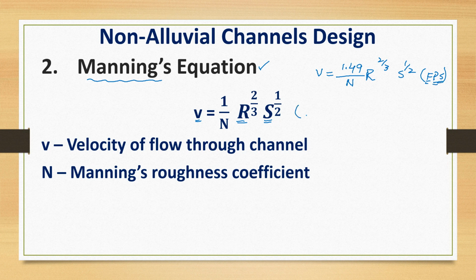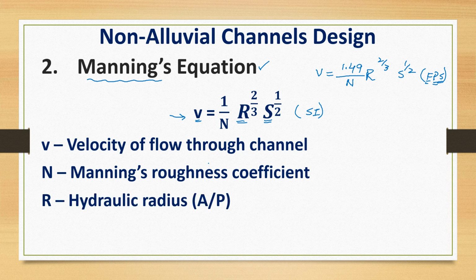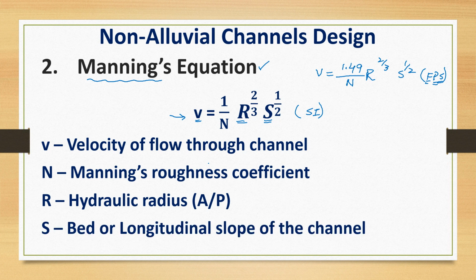But if you are going in SI units, then the formula for Manning's equation will be this one. n is the Manning's roughness coefficient. This can be determined from a table, or it may be given in your question like C or K. And R is the hydraulic radius, same as in the previous case. Same S is the bed or longitudinal slope of the channel, which is determined as the vertical distance along the length of the channel to the horizontal distance between two sections.